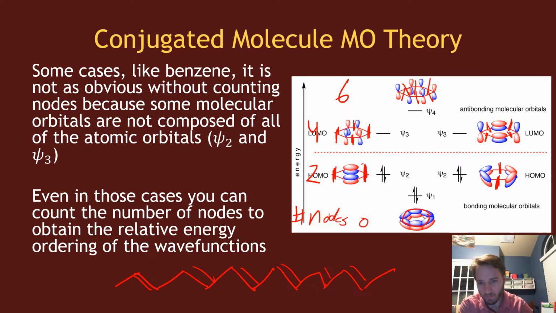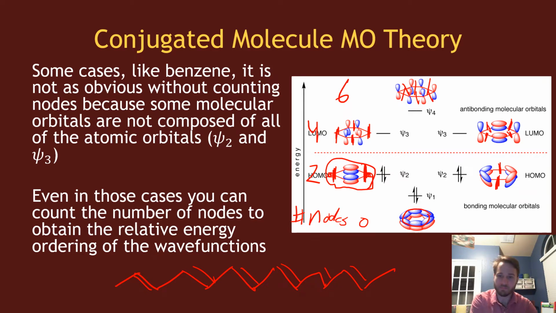For benzene, though, it's not as obvious when there are rings, just because there are some orbitals where there's actually no contribution from some atoms. So in, say, this molecular orbital here that I've circled, the carbon on the left end and the carbon on the right end don't contribute to the pi orbital space.